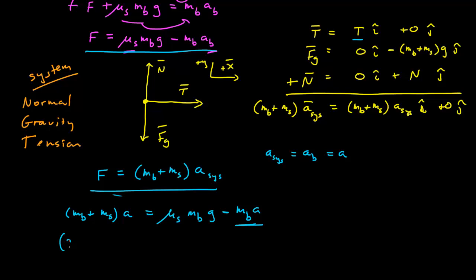So I get 2 times the mass of the block plus the mass of the sled, times A, is equal to the coefficient of static friction, mass of the block times G.